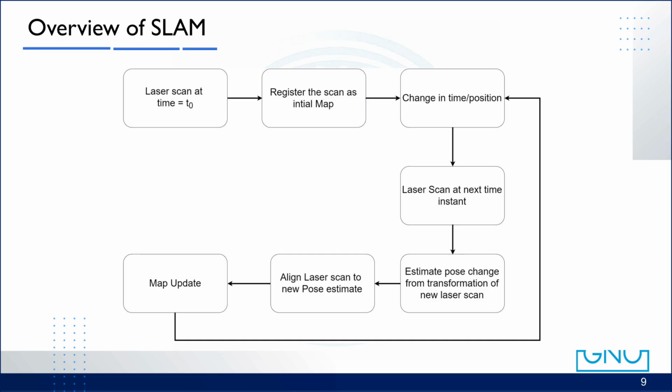By finding how well the new scan aligns with the existing map, SLAM can infer how the robot's position has changed. Once this new pose estimate is obtained, the algorithm updates the map with the newly observed data. This cycle, scan, align, estimate pose, and update the map, repeats continuously. As time progresses, both the map and the robot's trajectory become more refined with each new measurement.